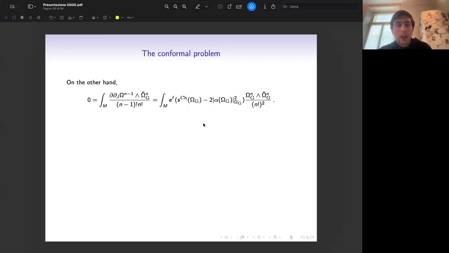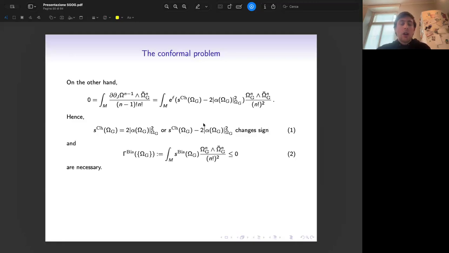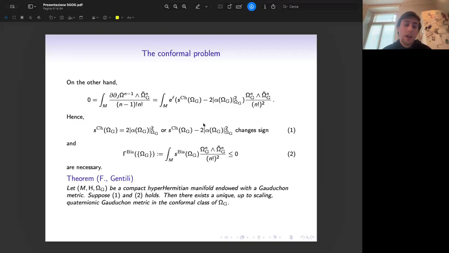And this actually forces the following dichotomy. Either the difference between the Chern scalar curvature and twice the norm of alpha has to be 0 or has to change sign. And that's another necessary condition, which together with the previous one is also sufficient.